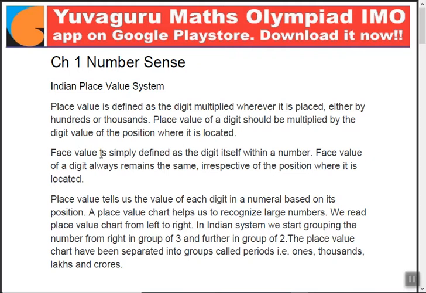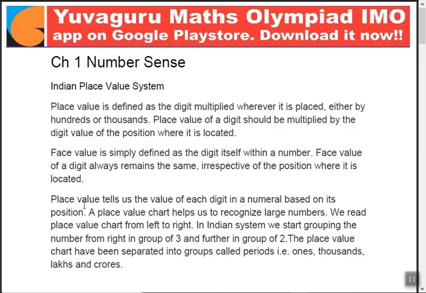But the place value of 2 in 25 is 20. So the face value of a digit always remains the same, irrespective of the position where it is located. Quite simple. Suppose I write 235, then 2 remains the same, whether it is in the hundreds place, tens place, or thousands place. When you solve the problems, you will get a better picture. Kindly follow the problems in this app.